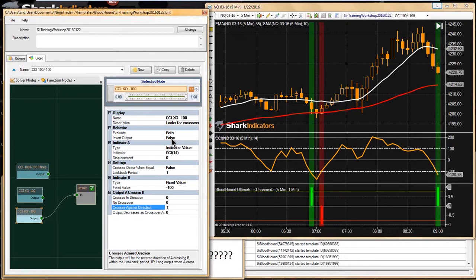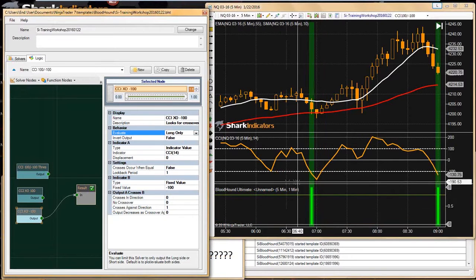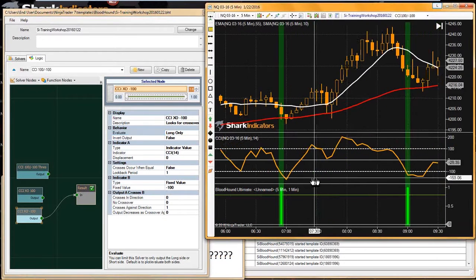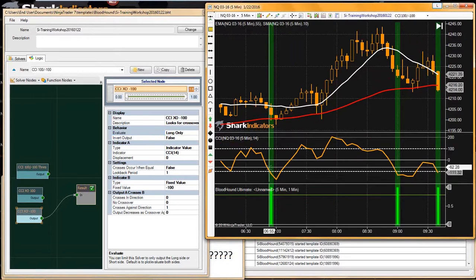And so this crossover solver is for the CCI crossing negative 100. So we only want to see the long signals from this crossover solver. So there we go. There's a couple of CCIs crossing negative 100.